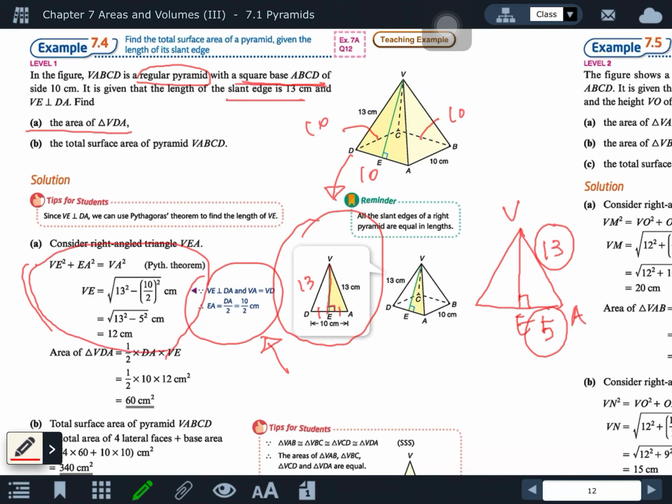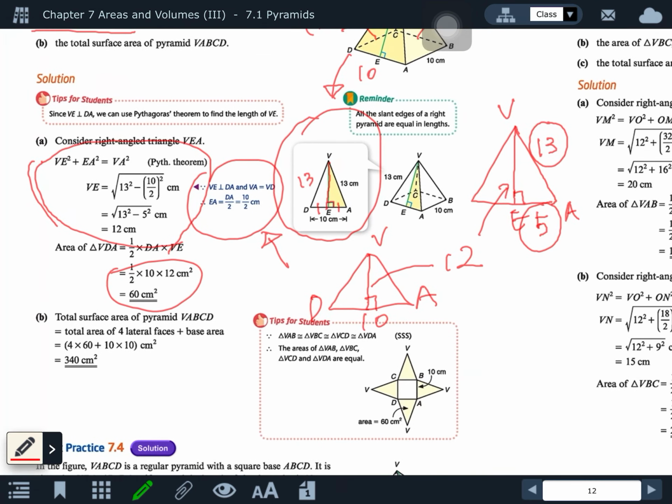I won't write it again. So 13, and then this is 5, and you will see VE is 12. Now you can find the area, because you know VDA's base is 10 and the height is 12. Base times height divided by 2, you will get the answer of 60 cm squared.